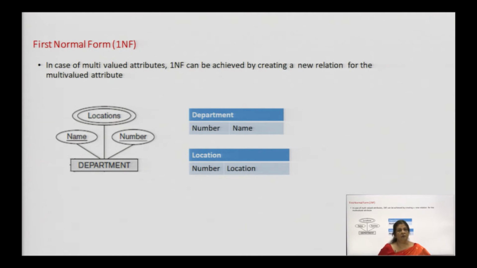Also, in the first normal form, any multi-valued attribute, for example locations over there, we always form a separate table with the primary key of the entity and the multi-valued attribute. So, that means in the first normal form, we will always have single atomic values as the values of the attributes in each tuple.